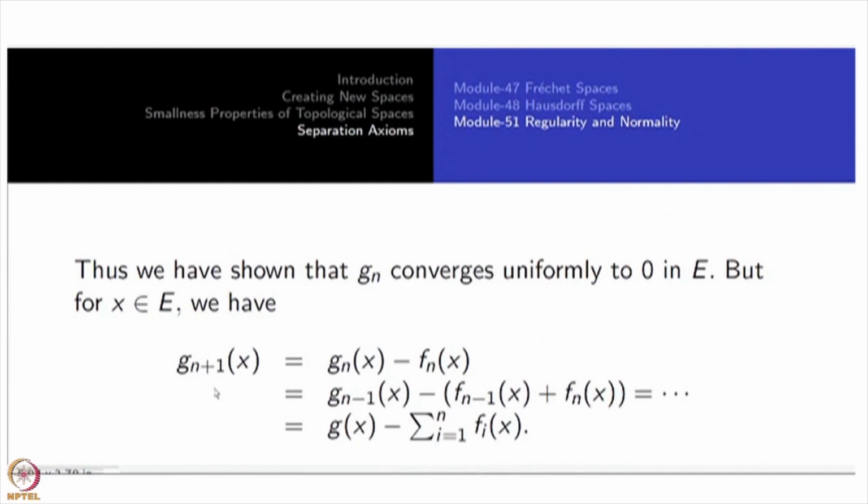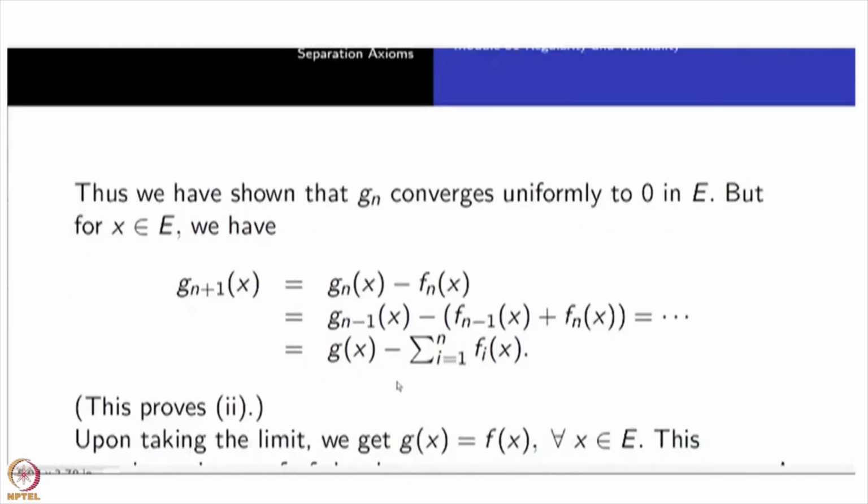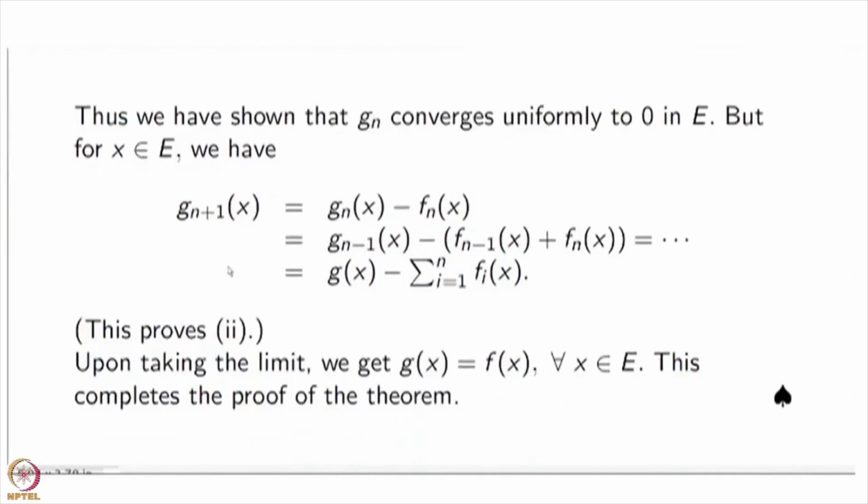Okay. So you see, inside E, this is just the partial sum, and this is what remains after n terms. That is the whole idea. Upon taking the limit, this is 0, and this sum becomes f now, because the sum from i equals 1 to infinity is our f, all right?